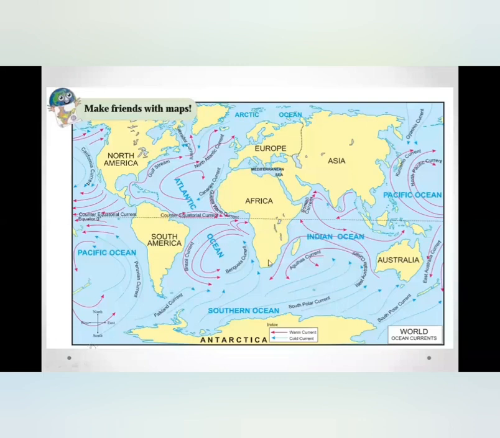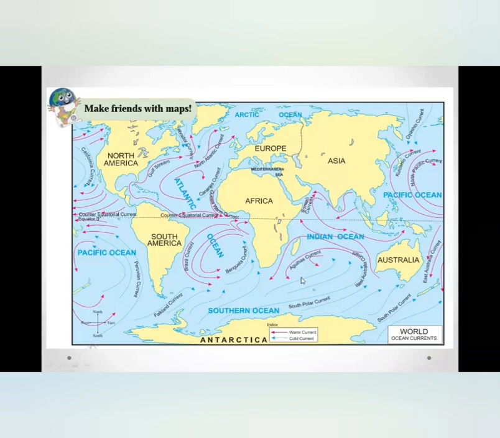The changes in temperature first start from the oceans. Whatever temperature changes we see happening on the land, those changes first get started in the oceans.